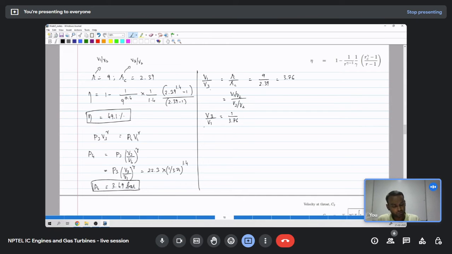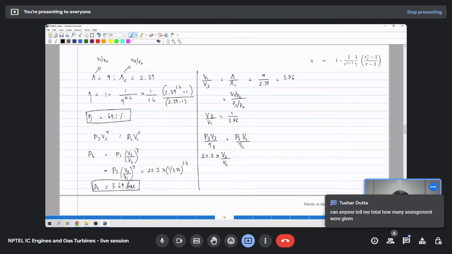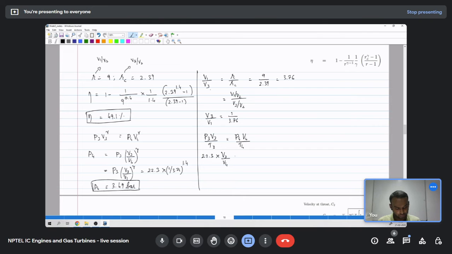Similarly, the temperature at the fourth position can be calculated. We have P3 V3 by T3 equal to P4 V4 by T4. We know P3 is 22.3 bar into V3 by V4 equal to P4 by P3.